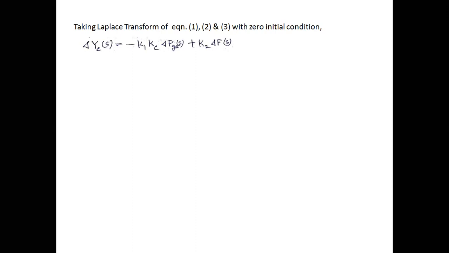Now this F is capital because it is in S domain or Laplace domain. Equation number 4. Now taking Laplace transformation of equation number 2, we have del YD(s) equals K3 del YC(s) plus K4 del YE(s), and it is equation number 5.